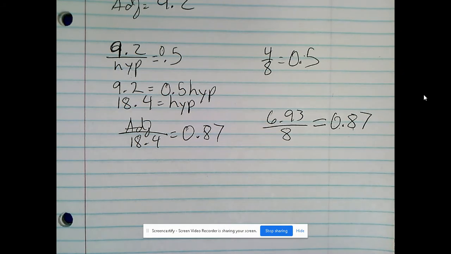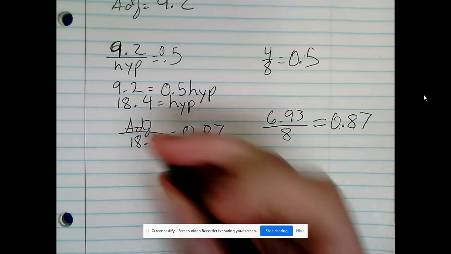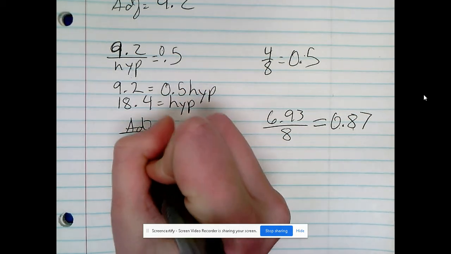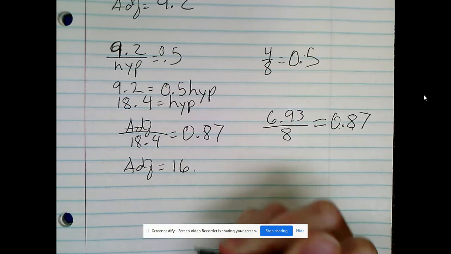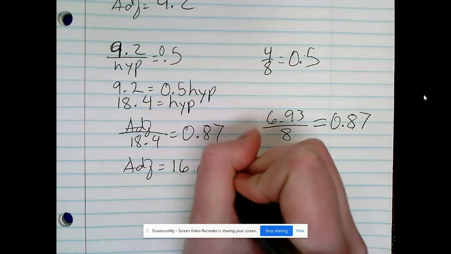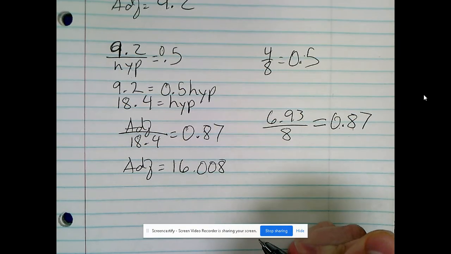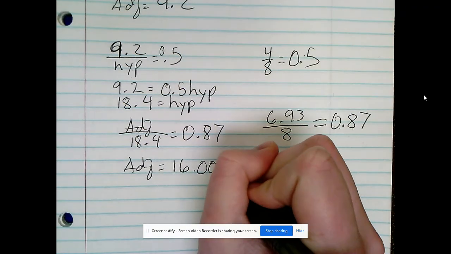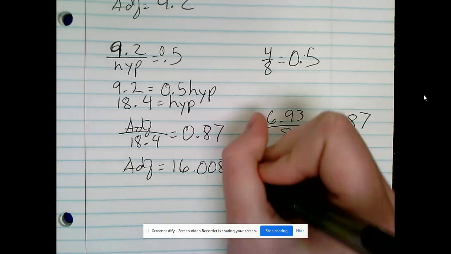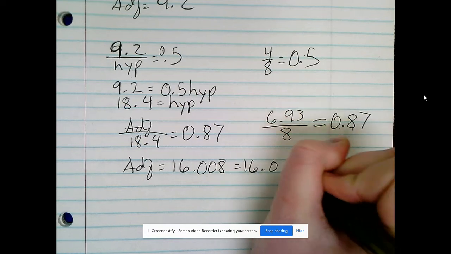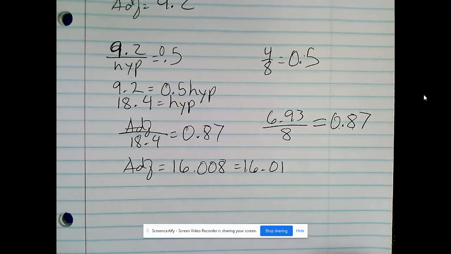So we're going to do 18.4 times 0.87, so we can get the adjacent by itself. And when we get the adjacent by itself, we get 16.008, which in this case, even if we rounded to 2 decimal places, that would be 16.01.